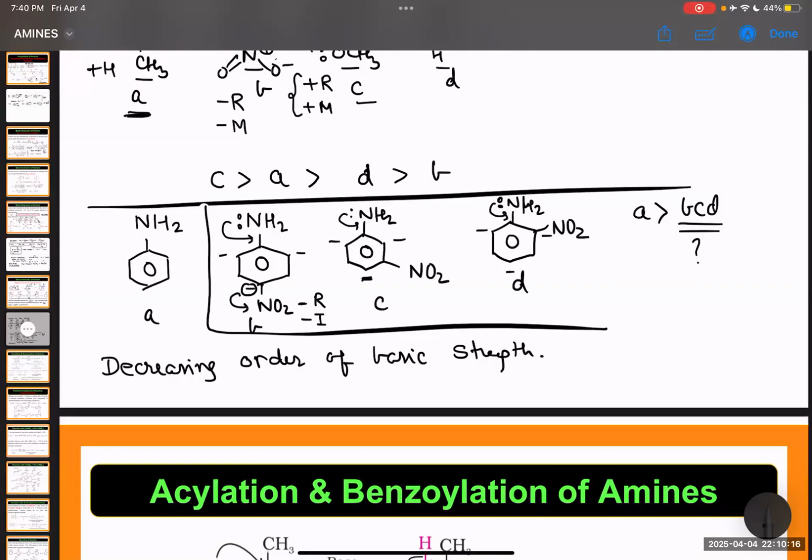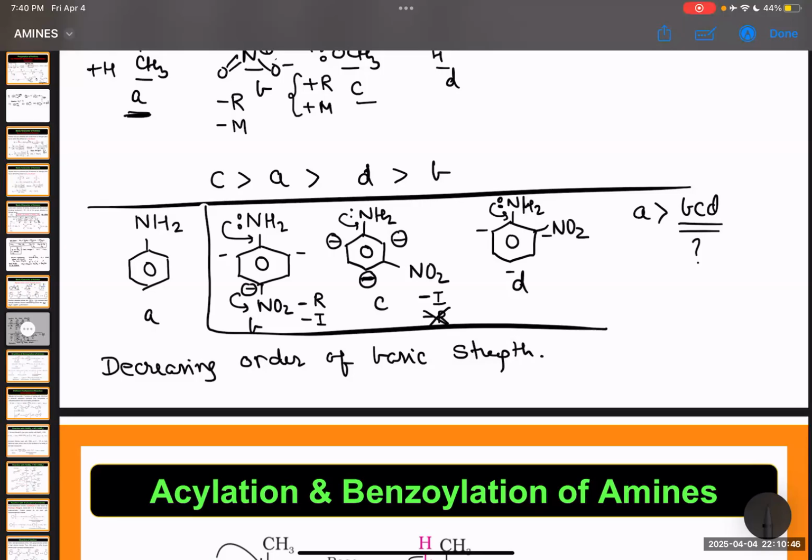But the NO2 group which is placed at the meta position will not be able to accept the lone pair of NH2 because that minus charge is not passing from the carbon bearing the NO2 group. So NO2 is exerting only minus I effect, no resonance effect is being observed as far as the negative charge is concerned.